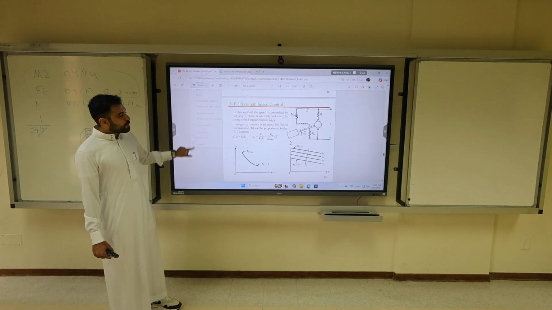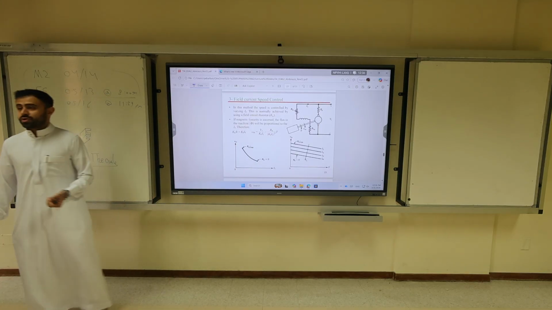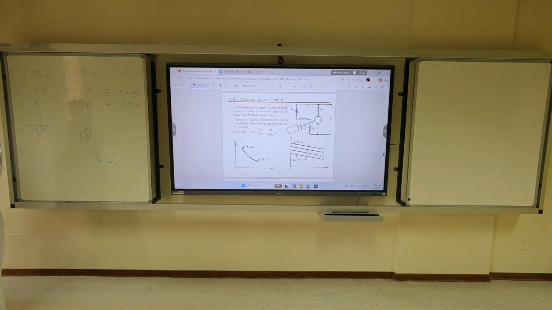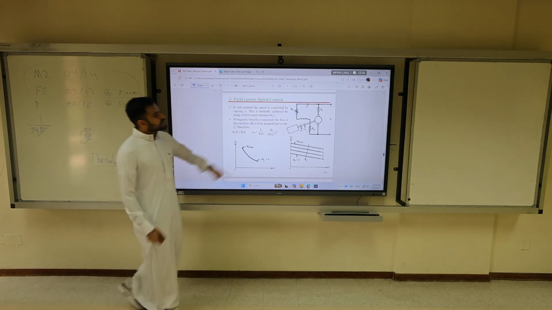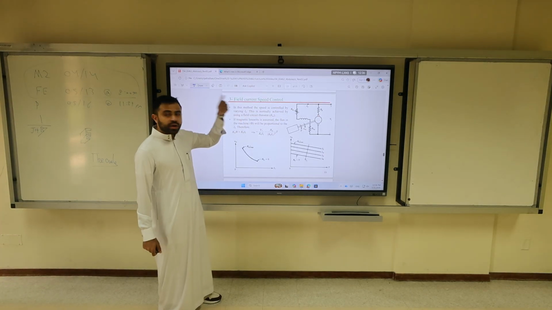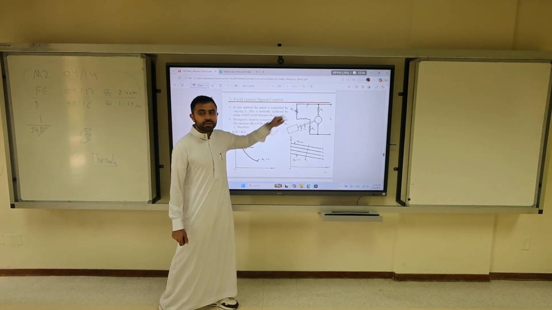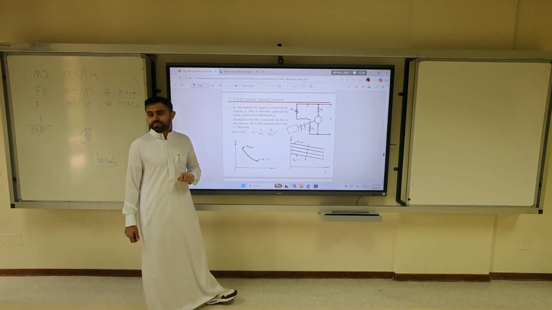The last type of traditional control is the field. So what are the methods? Resistance, voltage, field. In this method, the speed is controlled by varying IF. This is usually achieved by changing RF control.